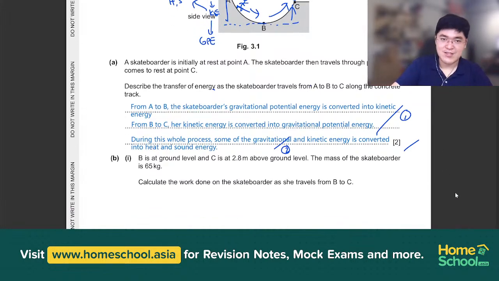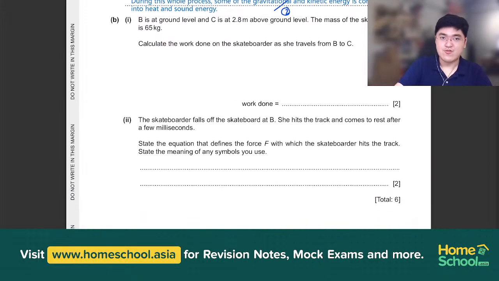Okay, energy conversion. Now let's go to part B, part 1. As you can see here, B is at ground level and C is 2.8 meters above the ground level. The mass of the skateboarder is 65 kilograms.